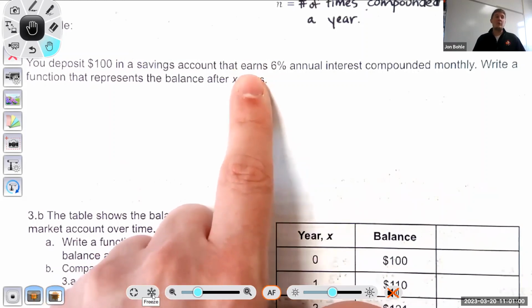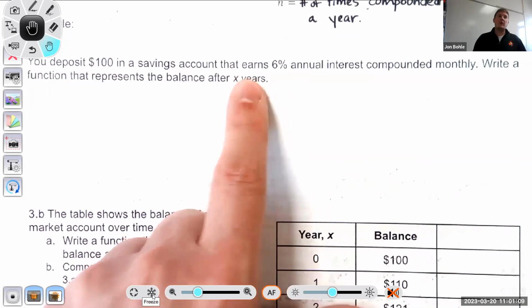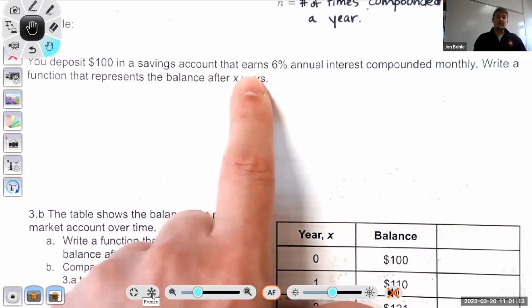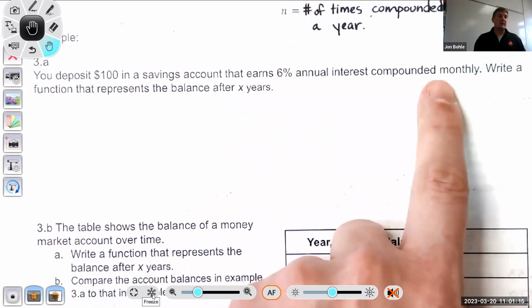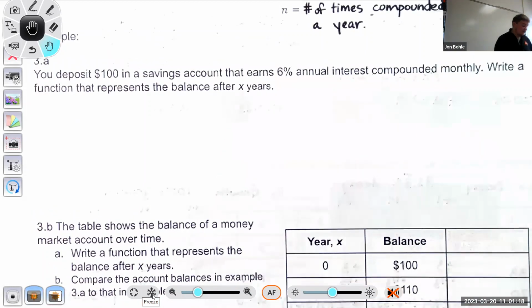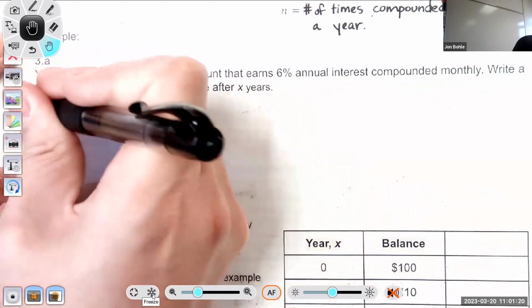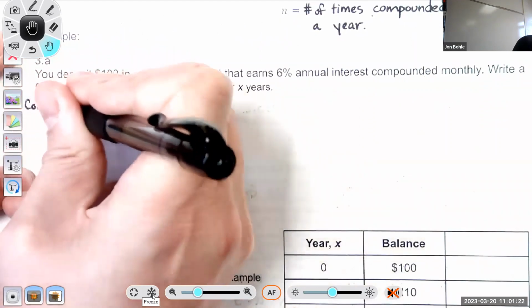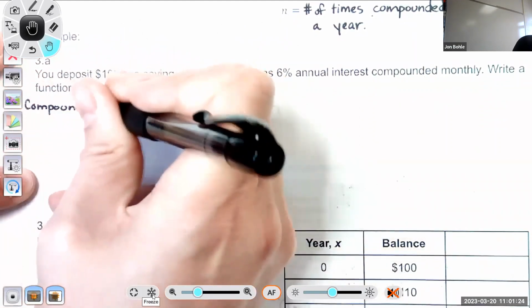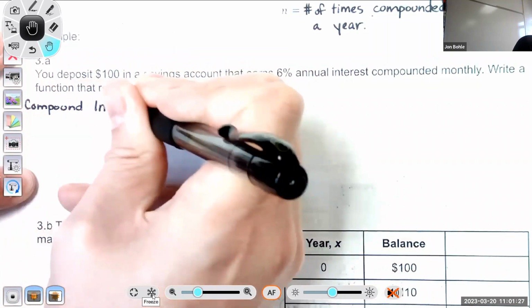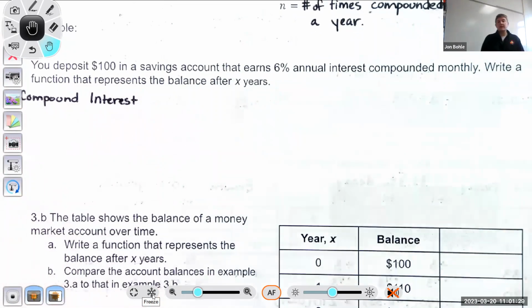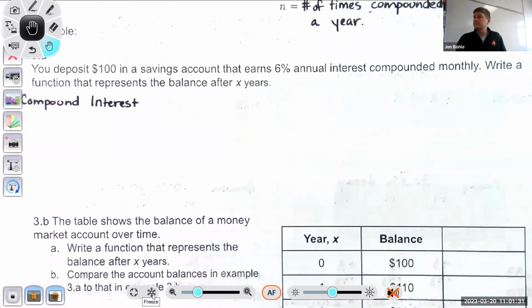Or is it compounded growth, where it's happening more than one time every year? Am I only earning money once every year, or more than one time every year? More than one time, because it's compounded monthly. This is going to be a compound interest formula problem.